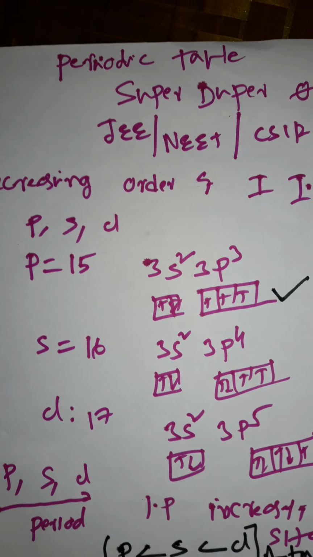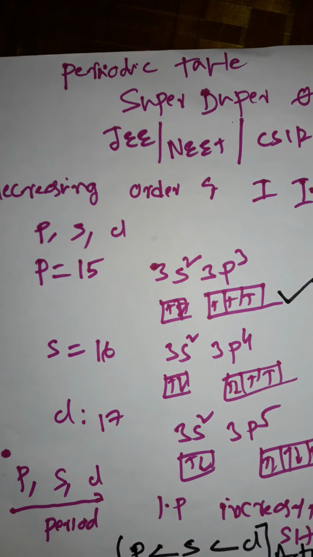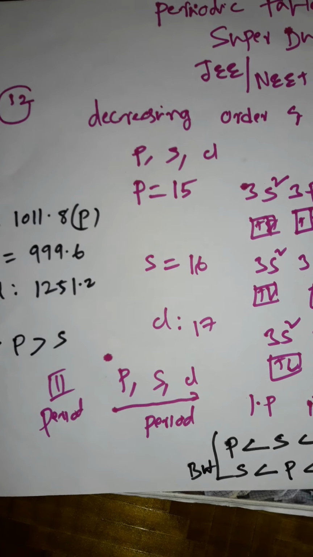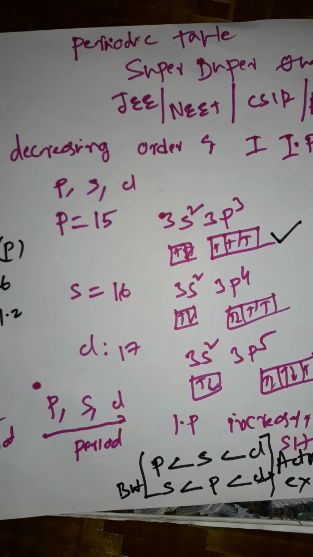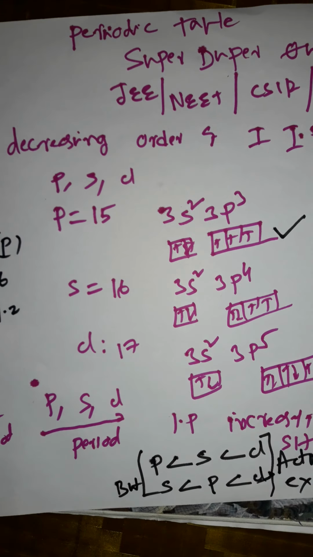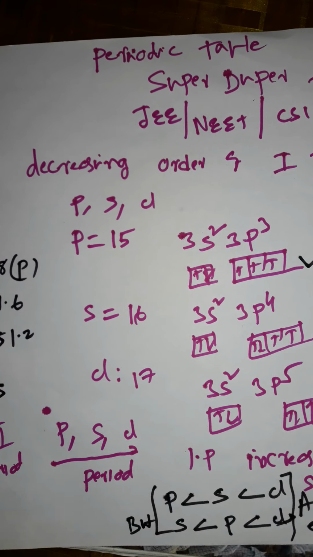Phosphorus, sulfur, chlorine are arranged in the third period: sodium, magnesium, aluminium, silicon, phosphorus, sulfur, chlorine.